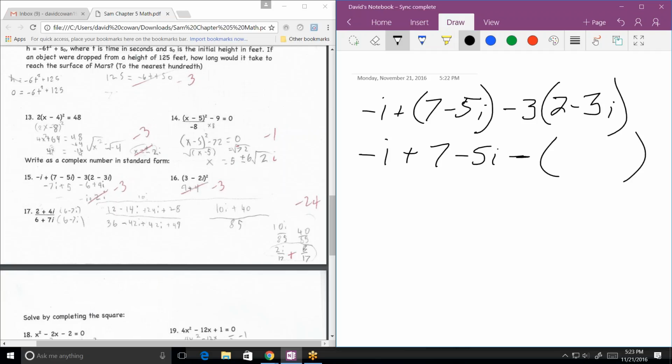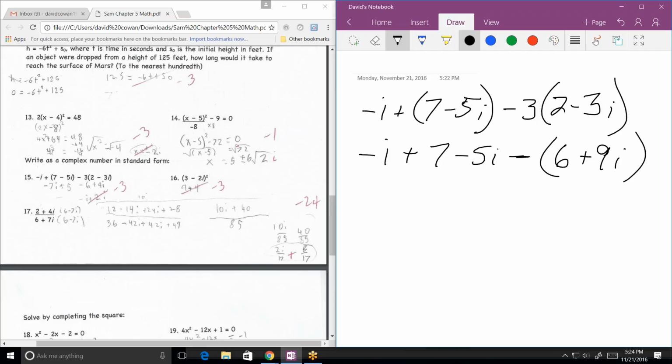Negative 3 parentheses 2 minus 3i. Distribute that 3. I can't do anything with it until you get it distributed. Negative 6 plus 9i. Now I can erase the parentheses. Only thing is, it's not plus 9i, it's minus 9i.